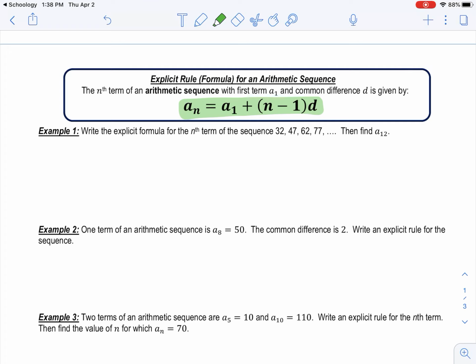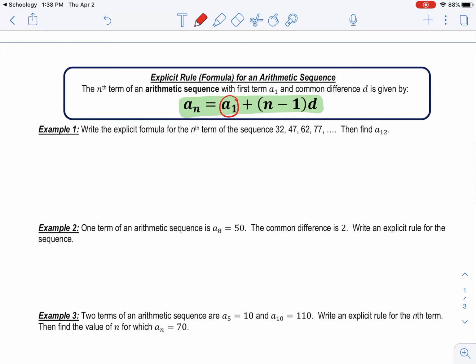Okay, so we like to write it in slope-intercept form. A sub n equals the number times n plus your y-intercept. All right, so in order to write a rule, you need two things. You need the first term and you need the difference.